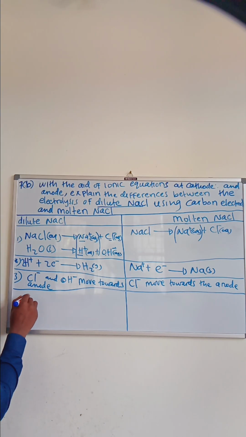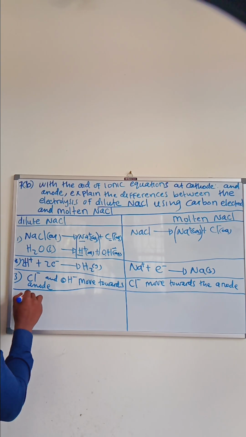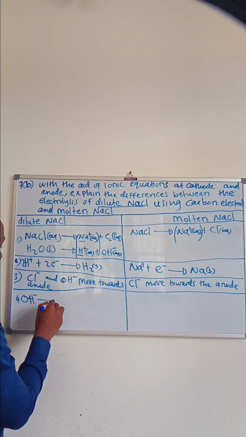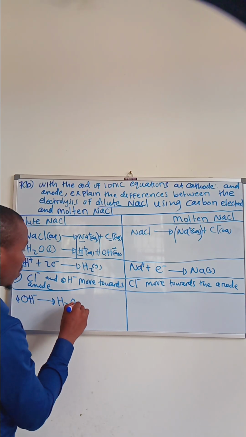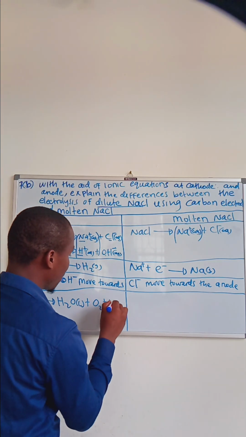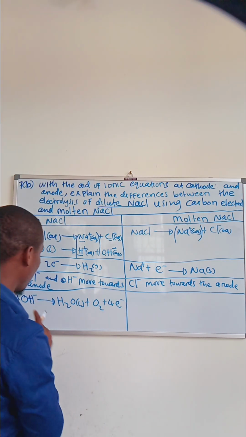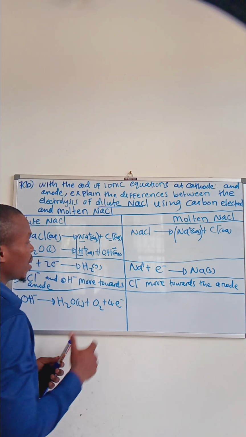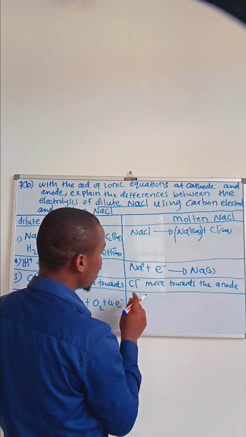So hydroxide at the anode will be discharged to produce water and oxygen gas plus 4 electrons. This is the reaction at the anode for dilute.